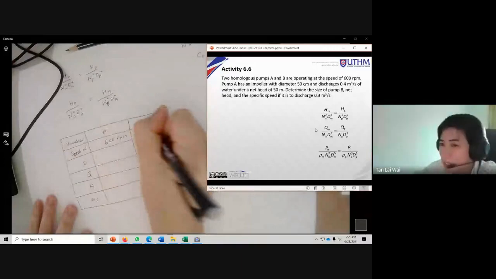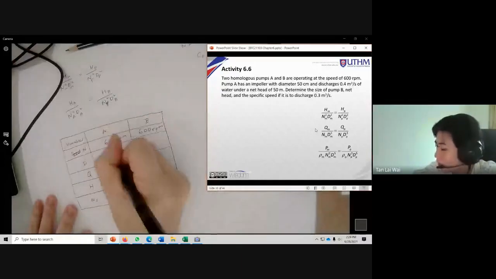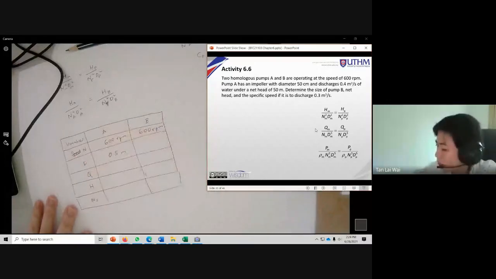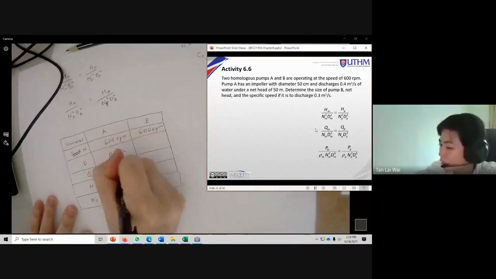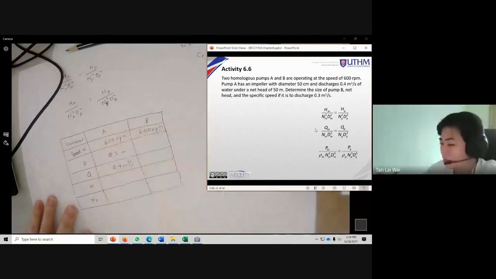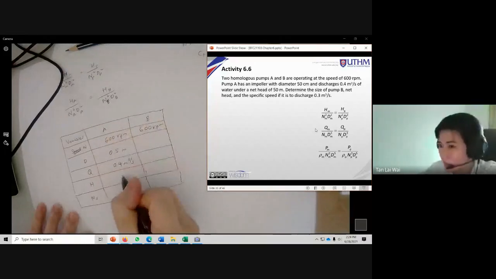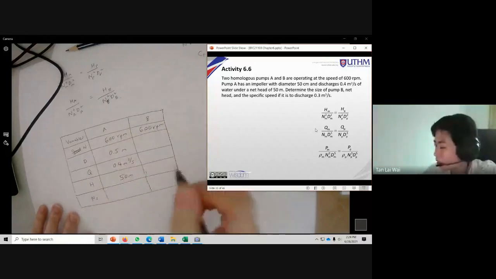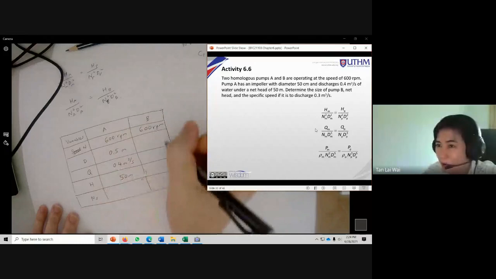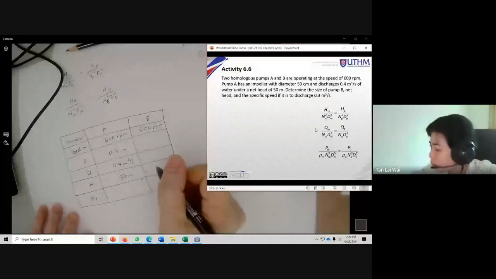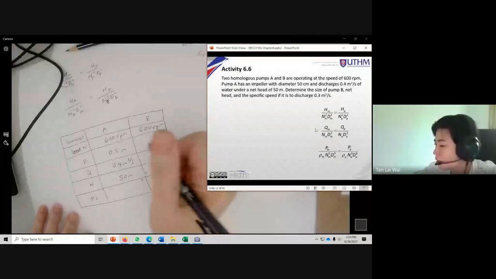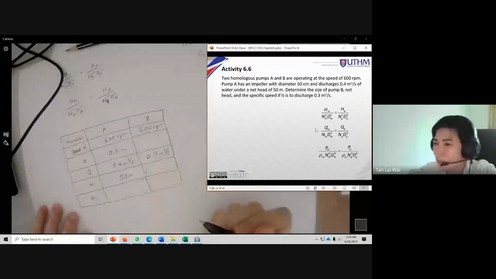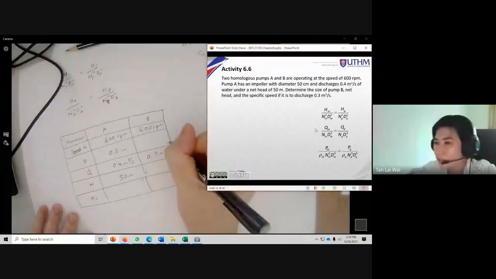Diameter: pump A has an impeller with a diameter of 0.5 meter. Discharge is 0.4 meter cube per second for pump A, and the head is 50 meter. The discharge for pump B is also given. The question asks us to find the size, which is the diameter, the net head, and also the specific speed.